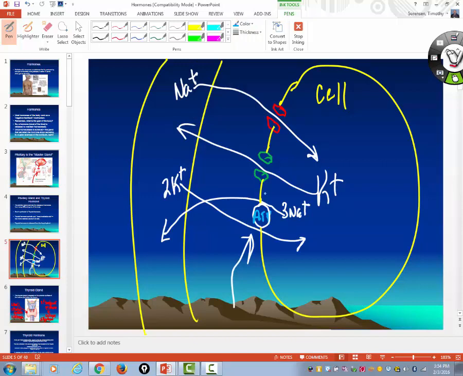Now, one of the things that thyroid hormone does is it will make cell membranes more leaky to sodium and potassium. So in order to maintain the concentration of sodium, 135 to 145 milliequivalents per liter, and to maintain the concentration of potassium in the cell, or we can't measure that, so the 3.5 to 5.5 milliequivalents per liter in the blood, the sodium-potassium pump has to work harder, and that requires ATP.